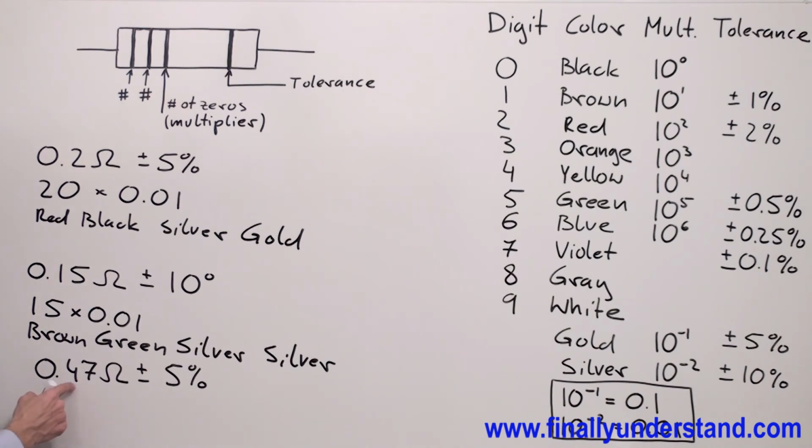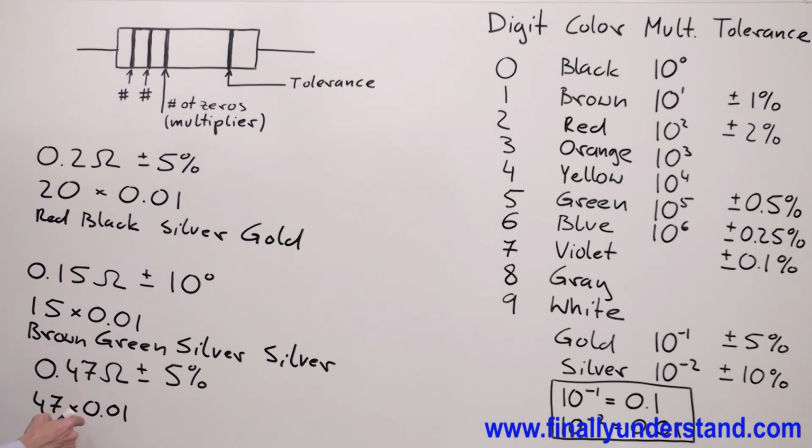Again, I'm supposed to go to the significant figures. I have 47. I have to multiply this by 100. 47 times 100 is going to give me 0.47.